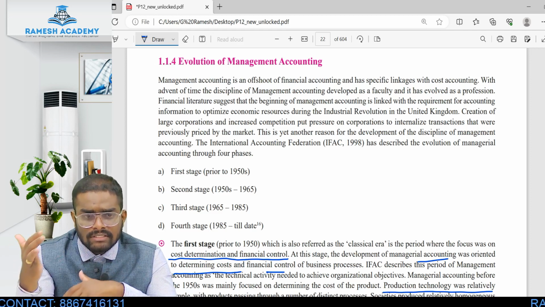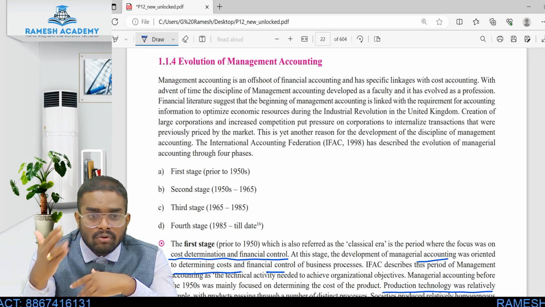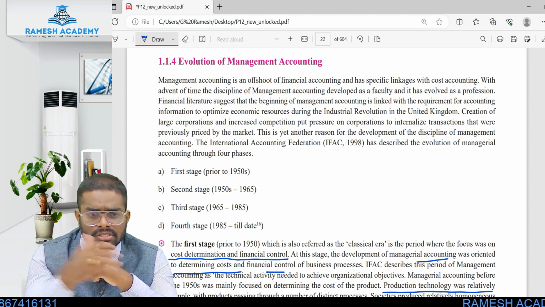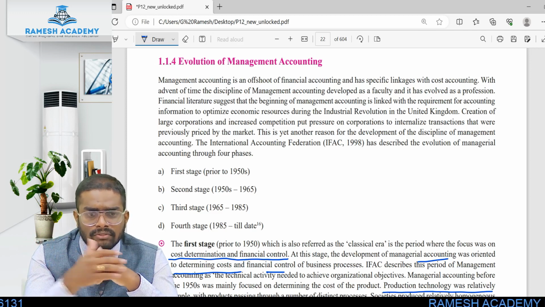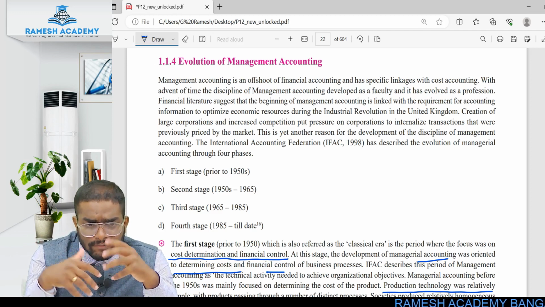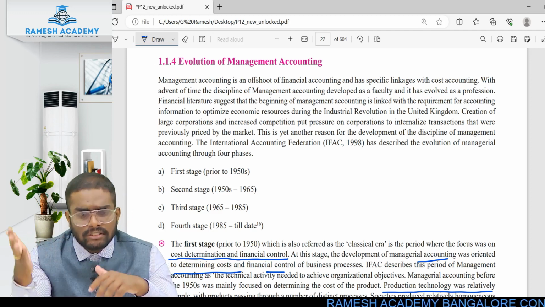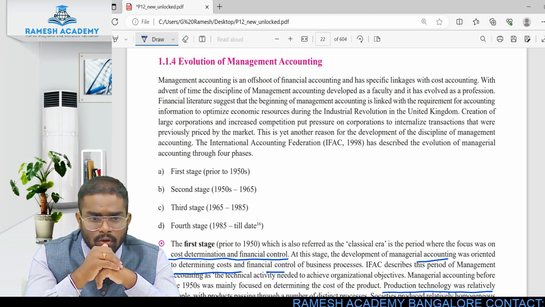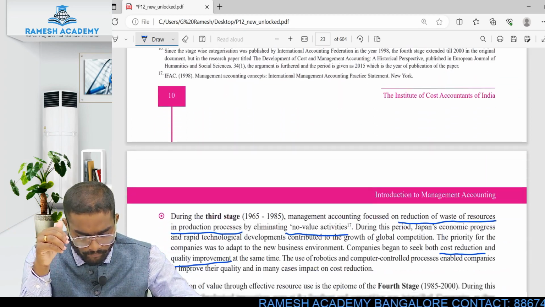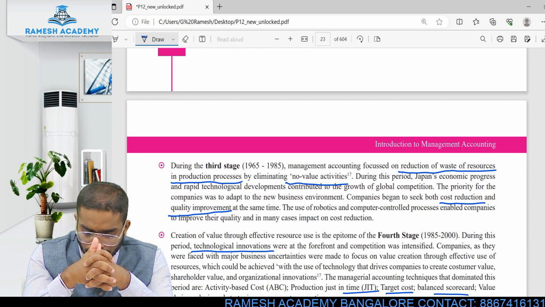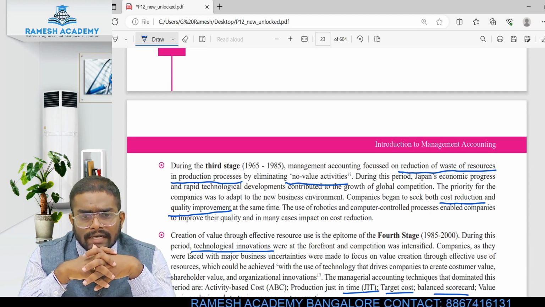In the third stage we were more concerned about the wastage of resources. We were implementing new processes to effectively and efficiently improve the production process to reduce the wastage of resources to a lower level. So we had the concept of value added activities and all those things.